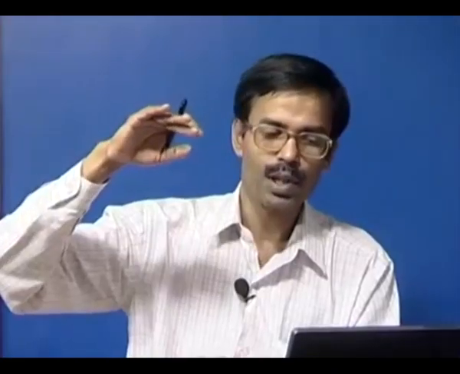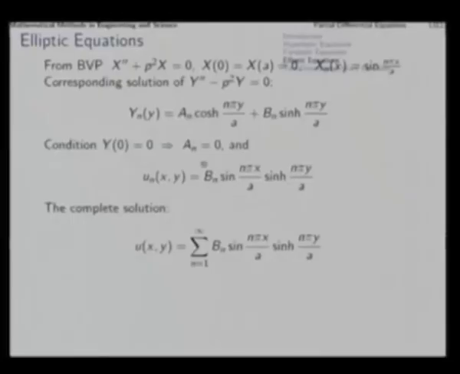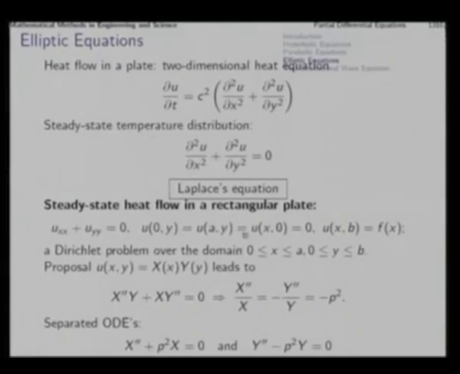And so, the infinite sum of such products will give us a solution in which the boundary condition y of 0 equal to 0, as we put small y equal to 0 here, we get u equal to 0. So, that means in the proposal the corresponding capital Y has to be 0.